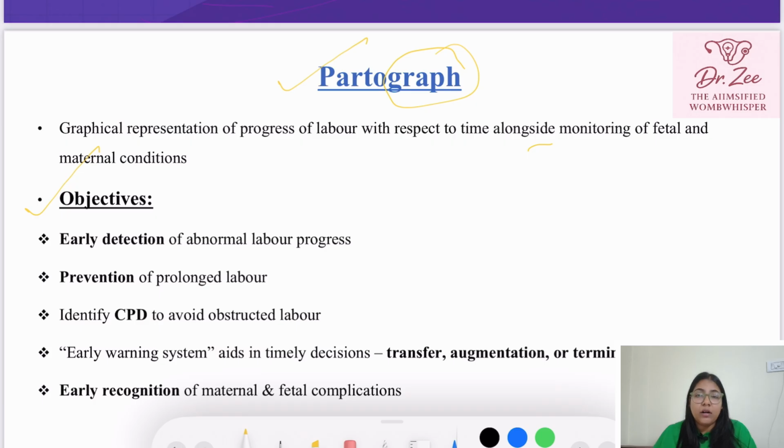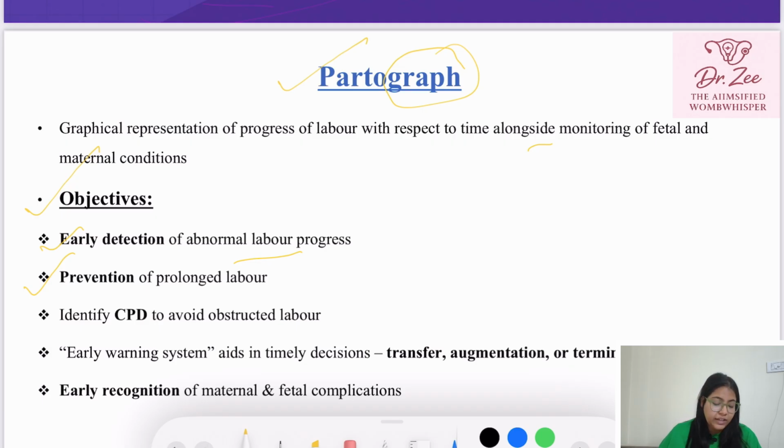It shows you how a labor progresses. If there is any abnormality in the progress of labor, you can know from the graph. So it helps in early detection of abnormal labor progress, and if the labor is prolonged, not at a desired rate, there are many complications of prolonged labor.